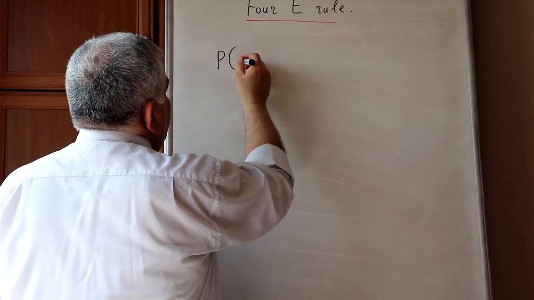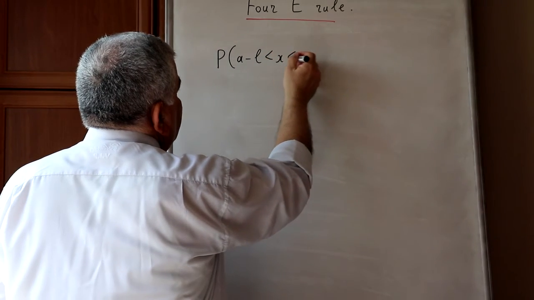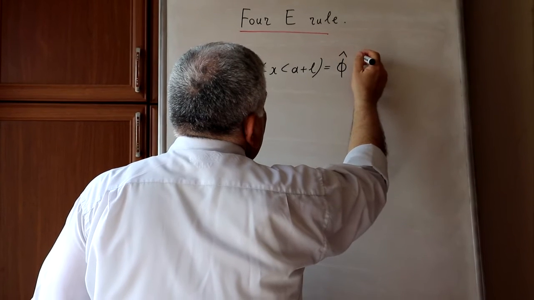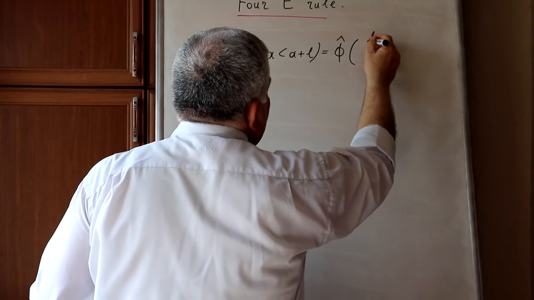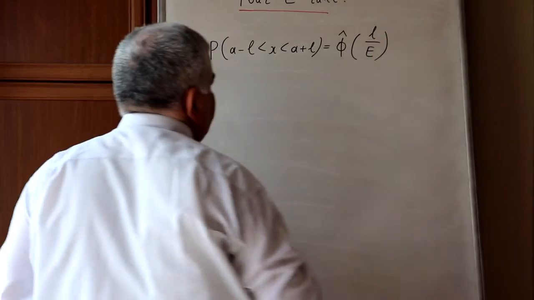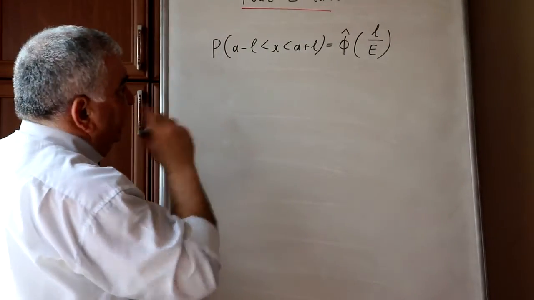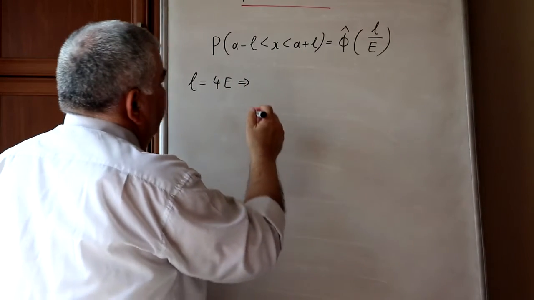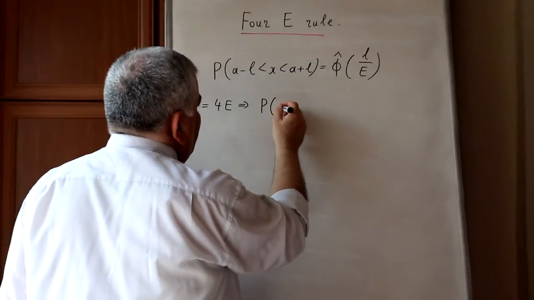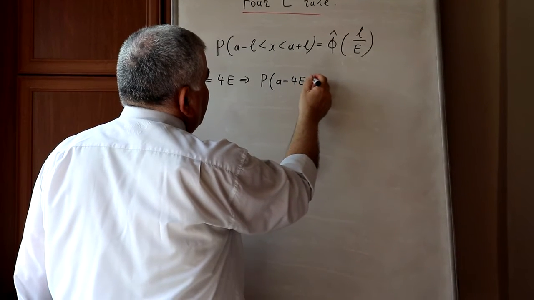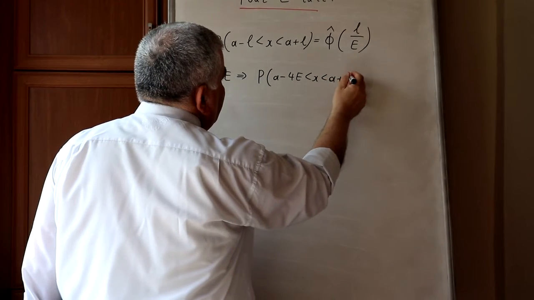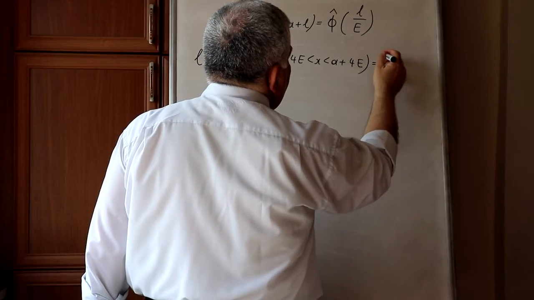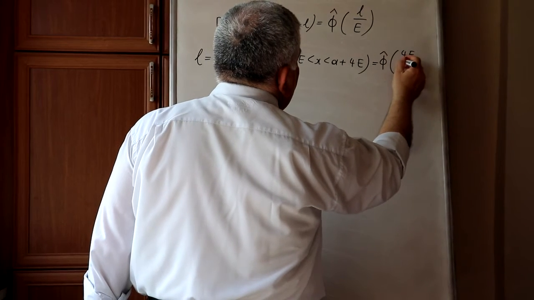P that a minus L is less than x is less than a plus L is equal to phi tilde of L over E capital. If we take L equals 4 E capital, then we will have P of a minus 4E is less than x is less than a plus 4E is equal to phi tilde of 4E over E capital.